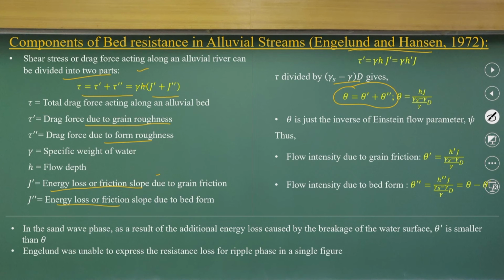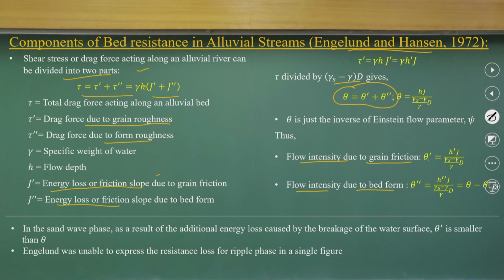If you reframe it, the flow intensity due to the grain and the flow intensity due to the bed form are theta dash and theta double dash, and you can have this equation form.